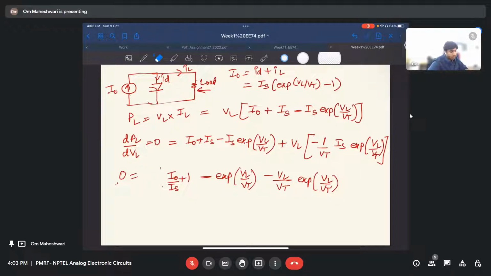So this is what we have now. And if we take the exponential term to this side, this step is also fine. Is this step clear? So it will be plus, I think, exponential of VL by VT. Okay, yeah, plus VL by VT, right? Next, what they have done, they have taken log.